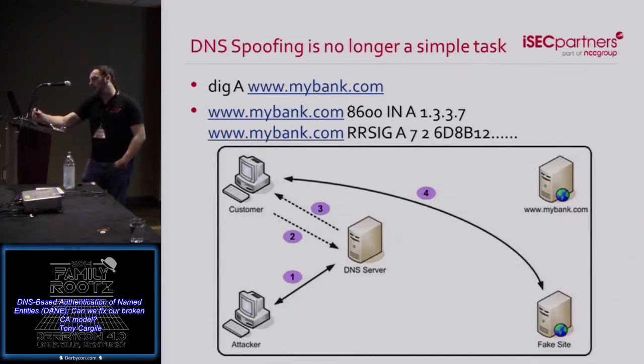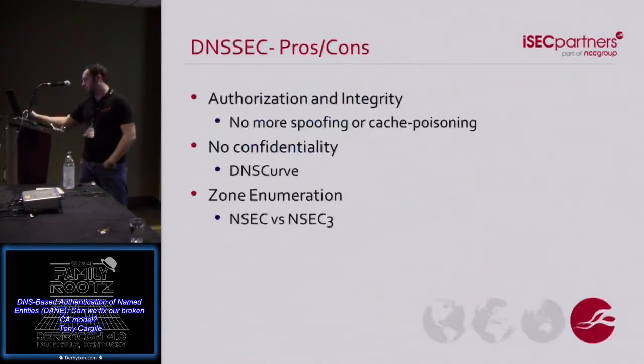And the answer is, unless he's got the private key, he can't. And so a DNS validator would just say, the signature that you provided doesn't validate with the record that you provided, and so it just fails on that DNS request. So, like I said, DNSSEC takes care of DNS spoofing, pretty straightforward.